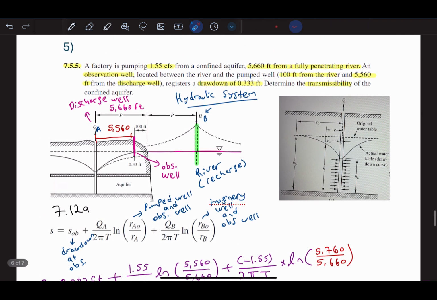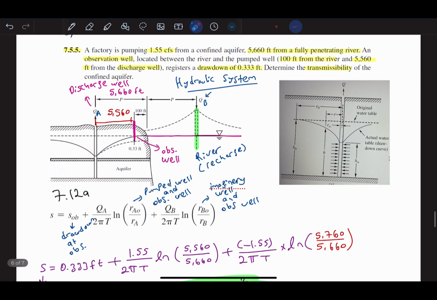If you need to summarize this question, the difference from previous questions or previous discussions is that this time we have a river, which is a recharge, and so this impacts the aquifer system, and we will not be able to see a radially symmetrical drawdown pattern. Instead, we can create a hydraulic system to represent this complex system, and therefore we can make it simpler.